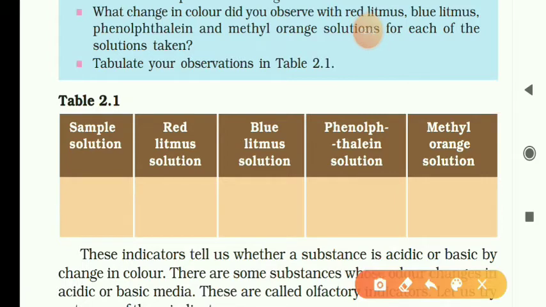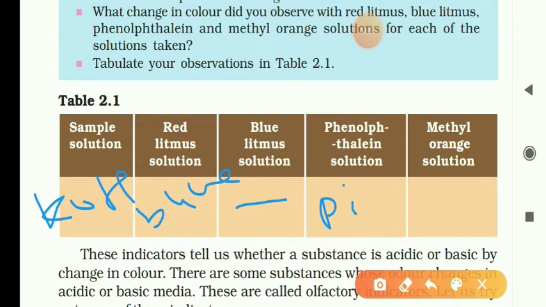Now we'll take the example of a base. For example, KOH. You know that a base turns red litmus blue. Blue litmus, no change. Phenolphthalein, pink color. And methyl orange, yellow color.